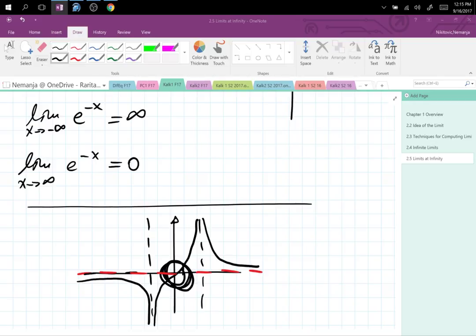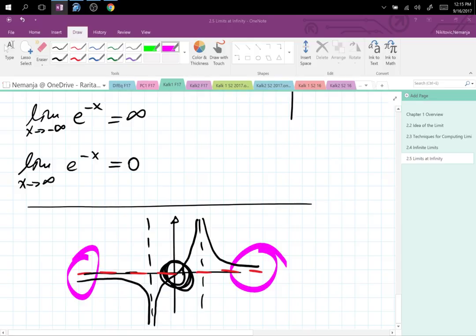So, these 2 parts here are governing the horizontal asymptote. And you cannot cross the horizontal asymptote at infinity. Locally, you can. And we are going to use this piece of information in chapter 4, section 3, when we graph functions by hand.